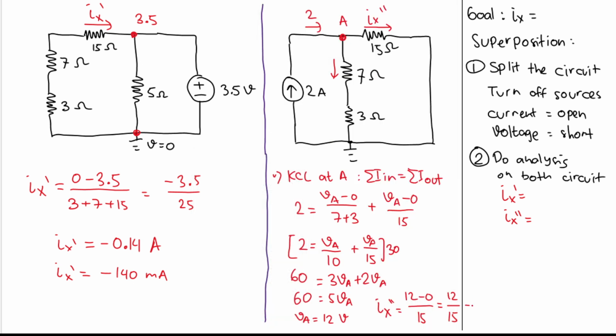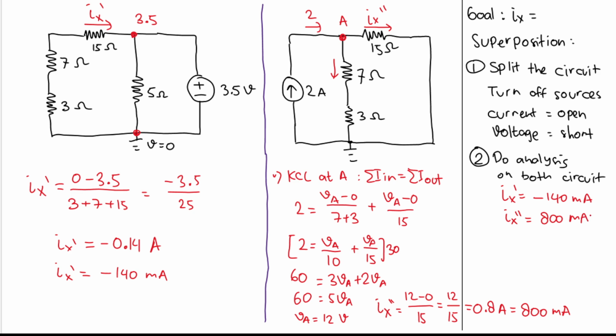So we'll have 0.8, and the unit here will be ampere. So this one will be 800 milliampere. So now we have Ix prime is minus 140 milliampere, and then this one will be 800 milliampere.